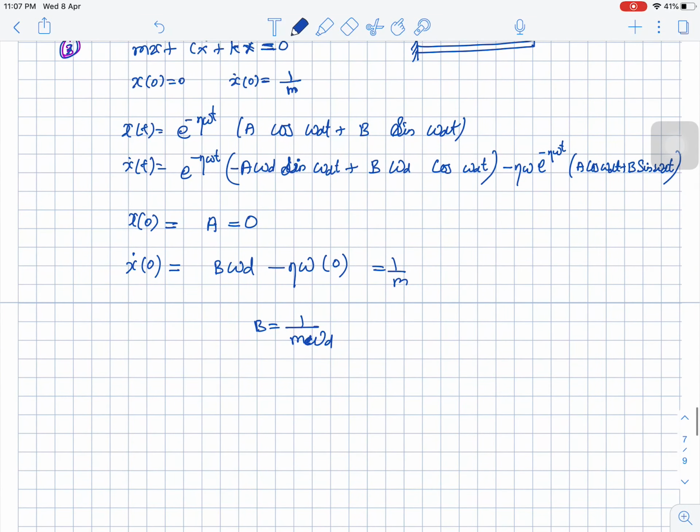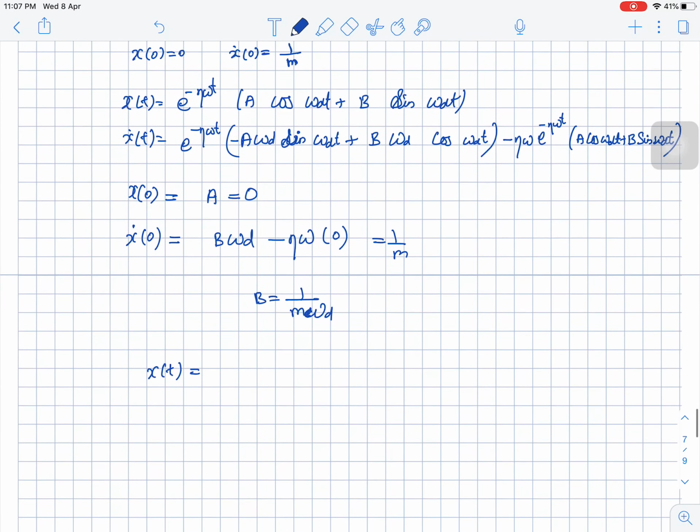Now if we write the equation x of t, we get e power minus eta omega t, where b equals 1 by m omega d, sine omega dt. We get the same equation as h of t, the impulse response function.